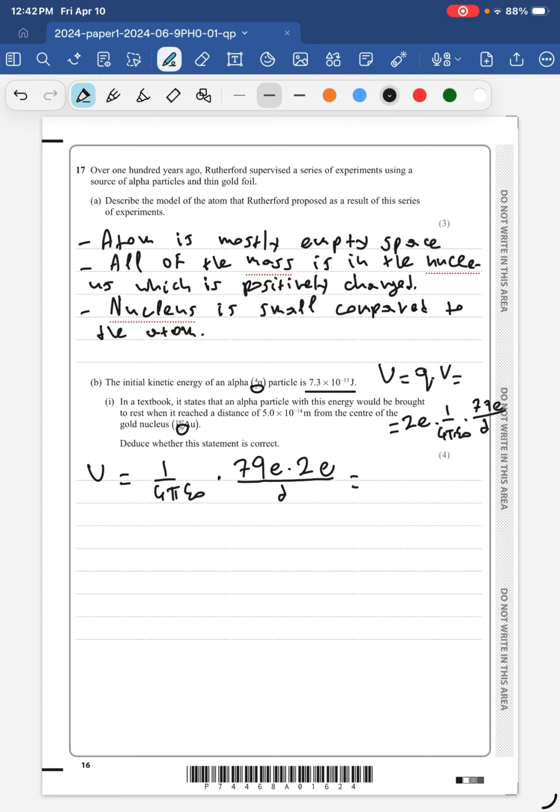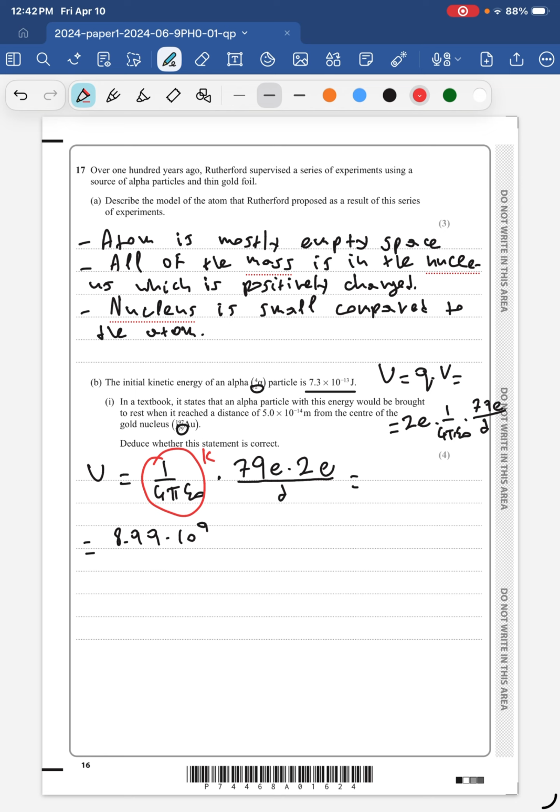So let's plug in numbers. We have 8.99 times 10 to the 9, because we can cast this into k, and k is 8.99 times 10 to the 9, and the units are newtons meters squared per coulomb squared.